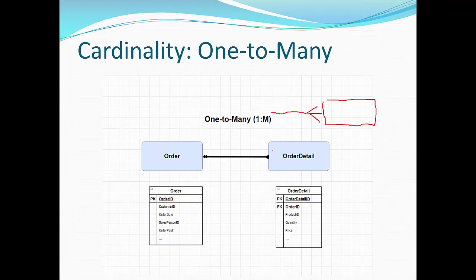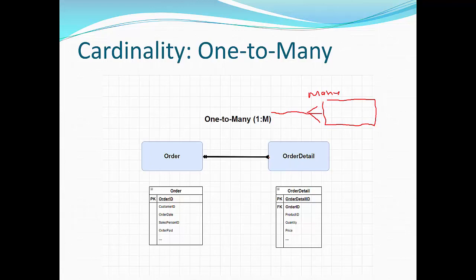Now this side, the order detail side, is the many side, and you can see that the connector to the entity itself looks like the foot of a crow. So that's why it's called the crow's foot notation, just like we alluded to earlier on.